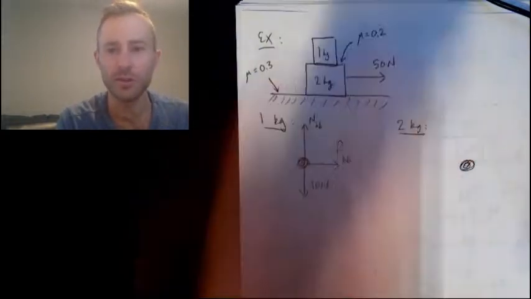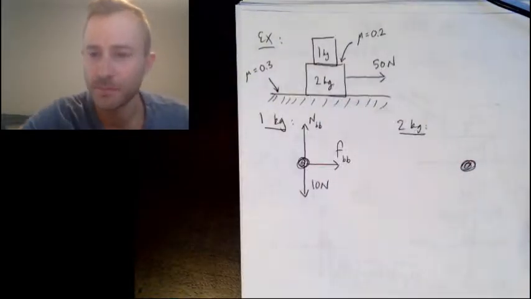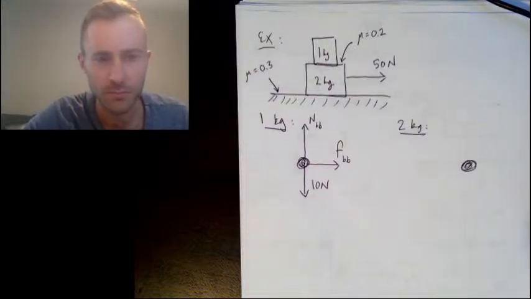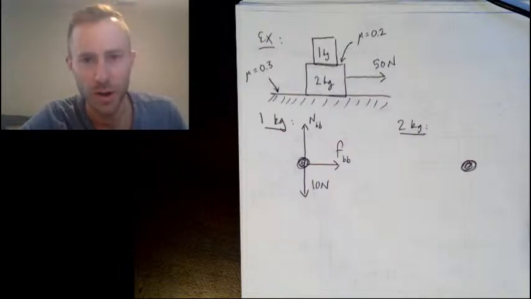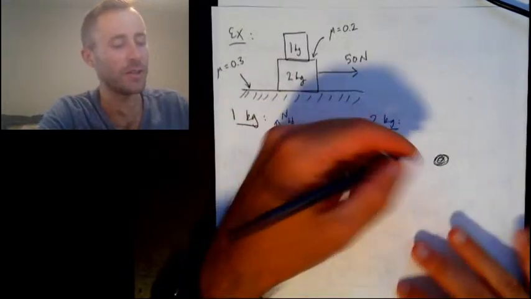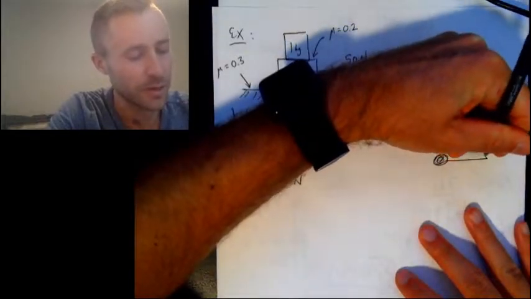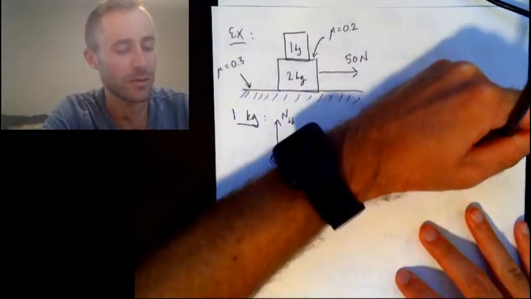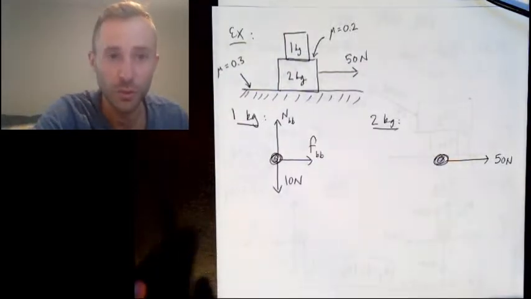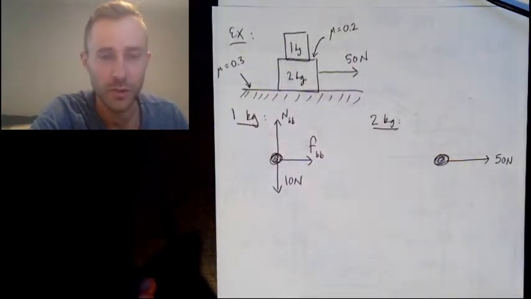For the 2 kilogram block on the bottom, that is kinetic friction. You've got the 50 Newton force going to the right, and you actually have 2 friction forces going to the left.